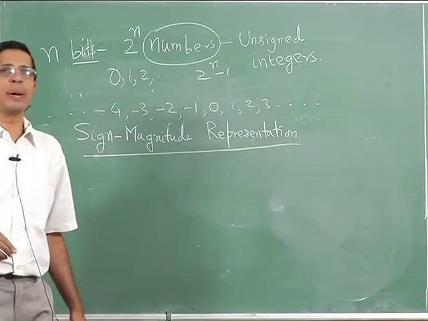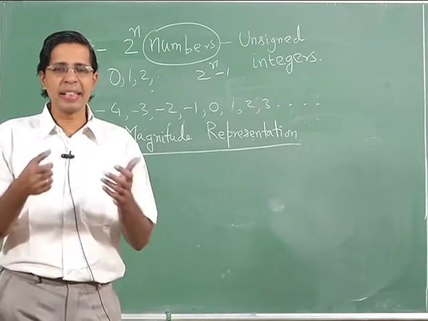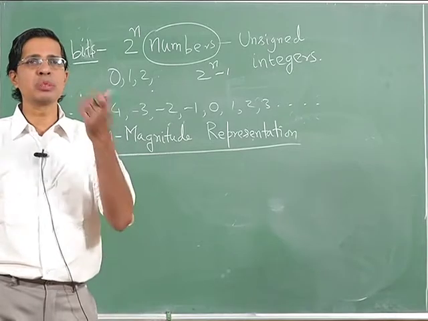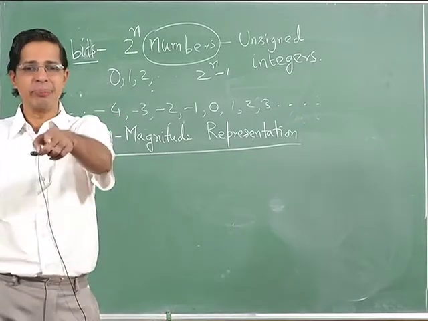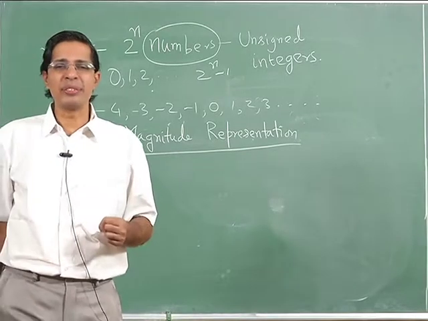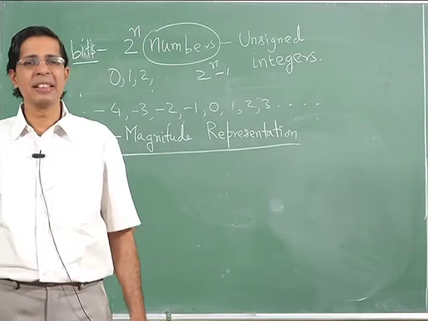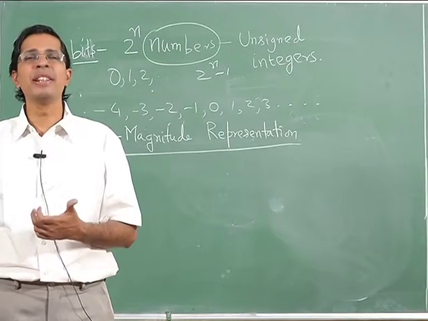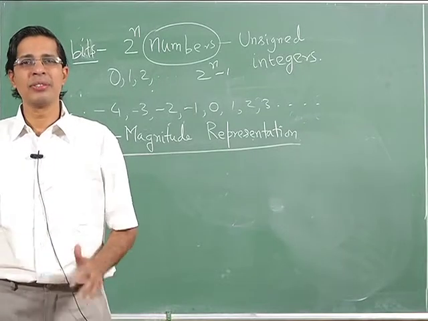What do we understand by this sign magnitude representation? In the entire representation there will be one bit, the most significant bit, which is associated with the sign, and the remaining bits will be associated with the magnitude, fine.